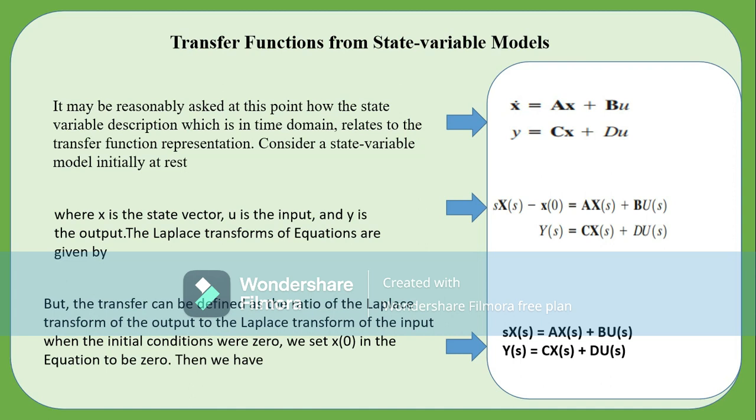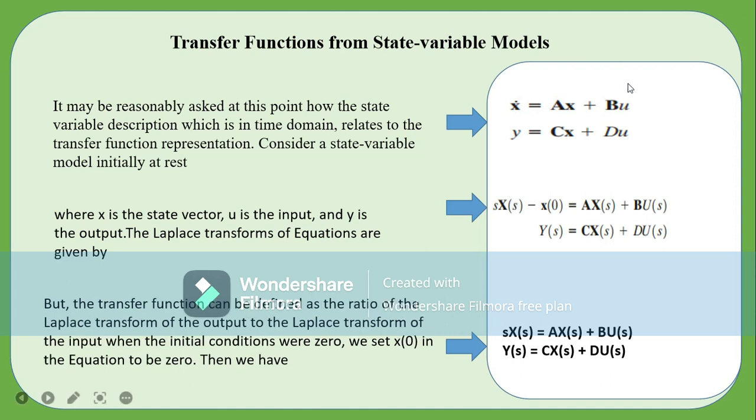To carry out this solution, we just go straight and Laplace transform this equation. Remember that this is a first order differential term. So when you Laplace transform this first order differential term, you have sX(s) minus x(0), which is equal to AX(s) plus BU(s).